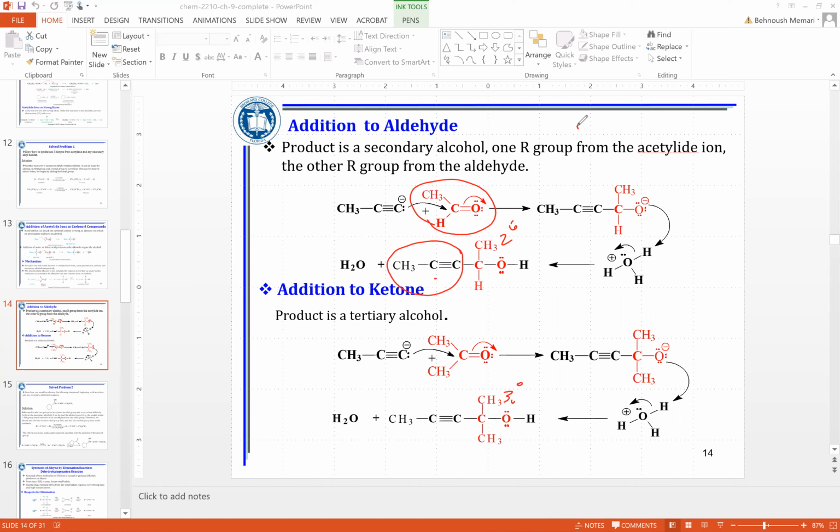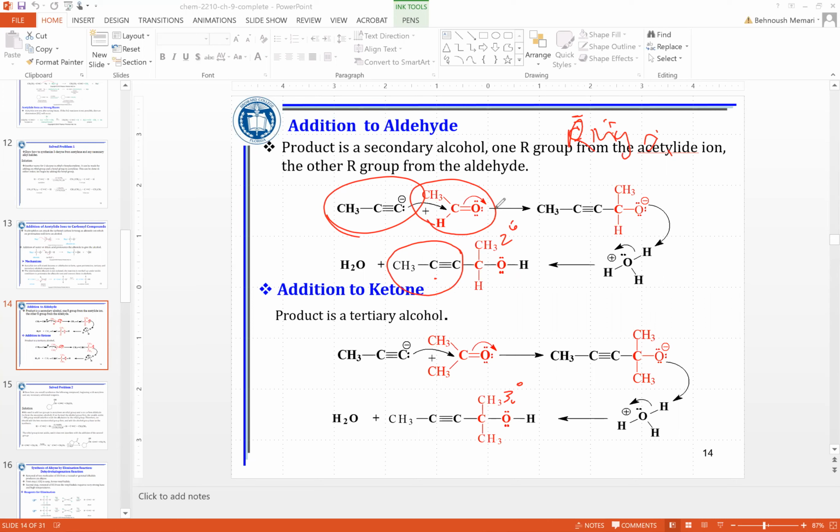In Grignard reagent, RMgX, the carbon attached to Mg is going to carry the negative charge. In this case, you have the acetylide ion, and the carbon from the triple bond is going to carry the negative charge. So basically, it's a nucleophilic attack on the carbonyl group.